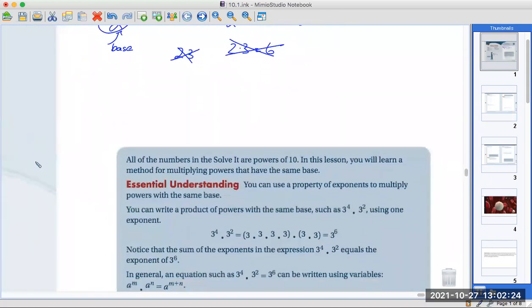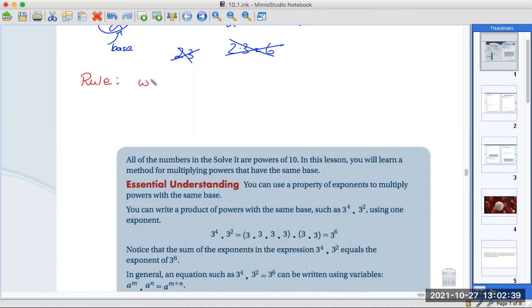So what I want to have you write, and this is very important, so make it big so you can read it and maybe highlight it. Here's the rule. In math, it's called a property, okay?